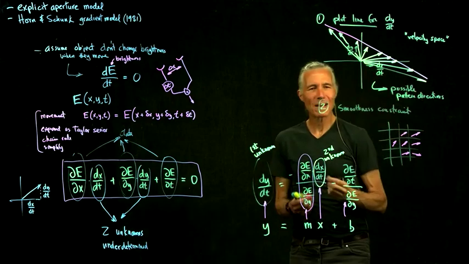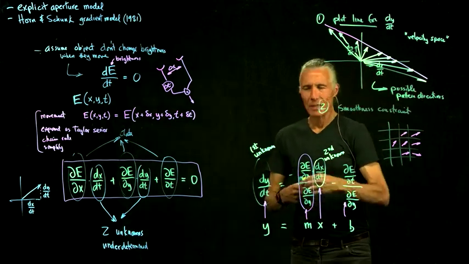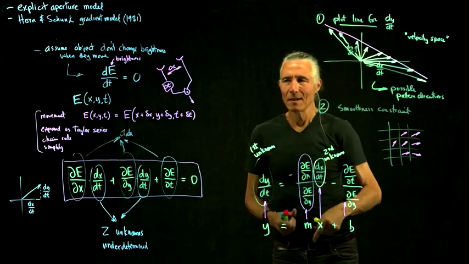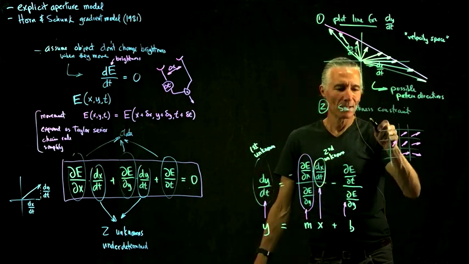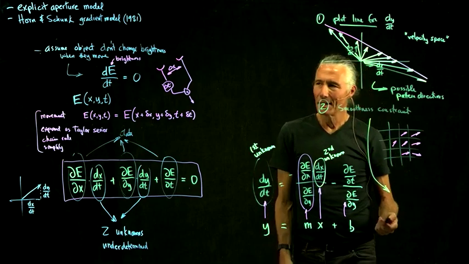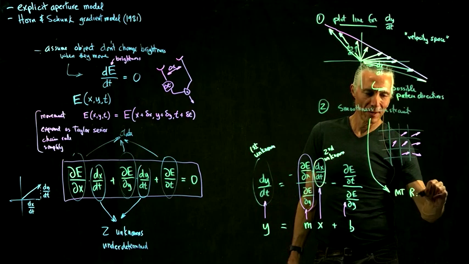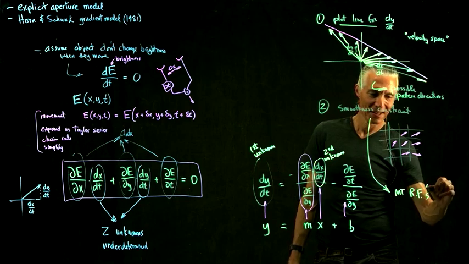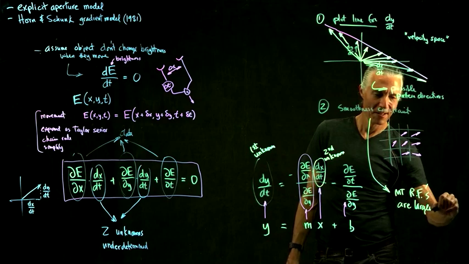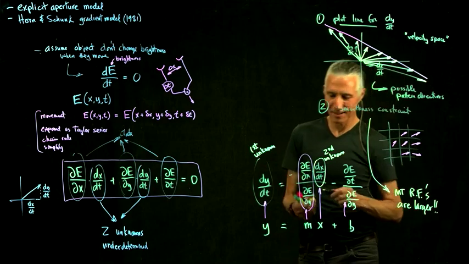Now you might wonder, what does that correspond to in the first model? And so what this corresponds to is, MT receptive fields are bigger, are larger. That's what the smoothness constraint corresponds to.